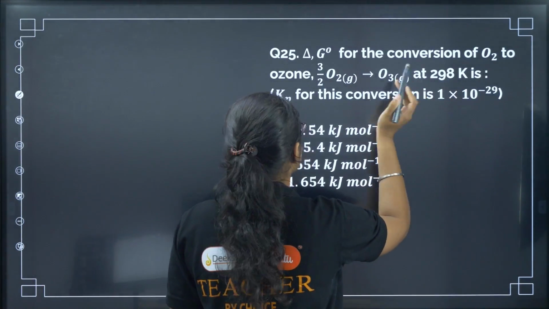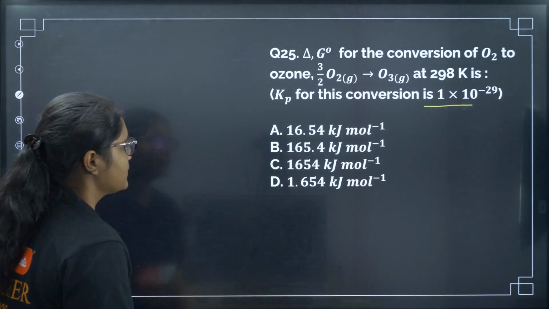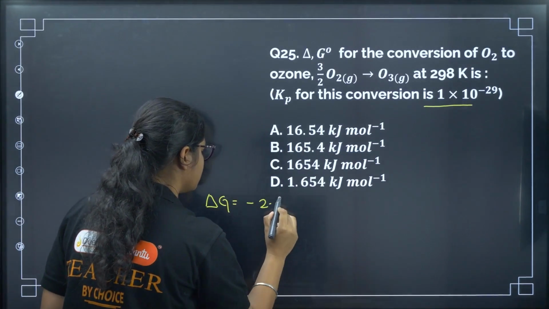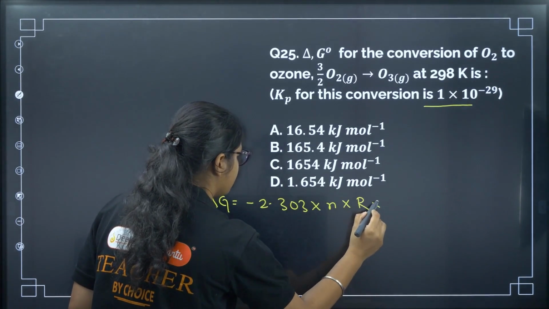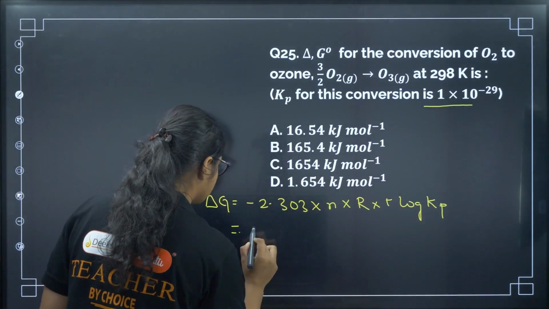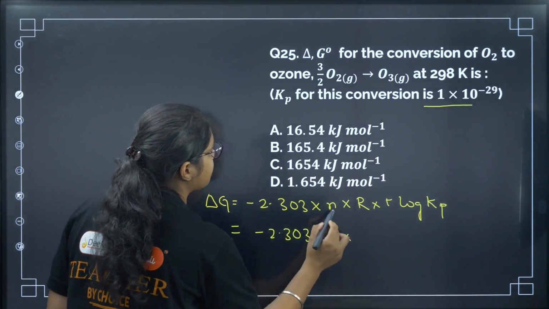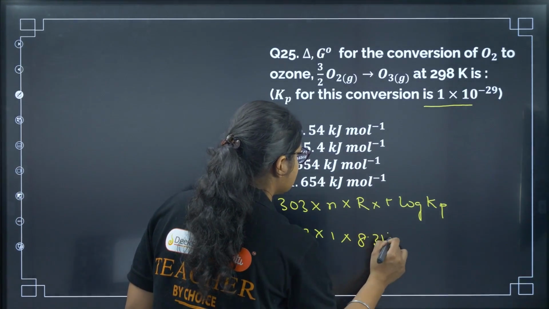Delta G for the conversion of O2 is given. So you have to find the value of delta G. Okay. So this is very direct formula. Delta G is equal to minus 2.303 nRT log Kp, right? Just substitute all the values. N value is 1, R value is 8.314. You can see the units are in joules.